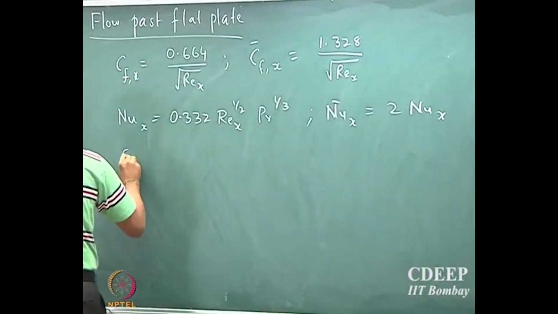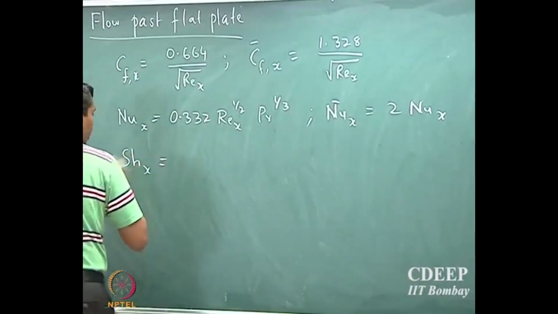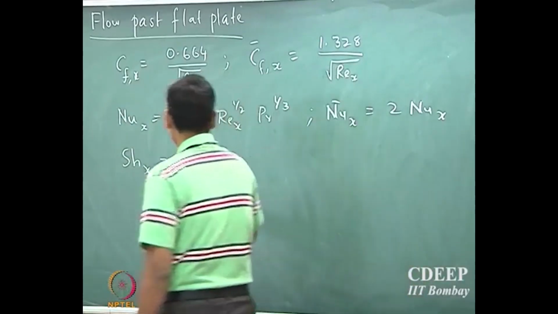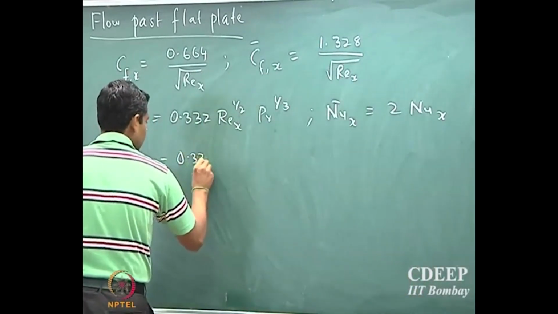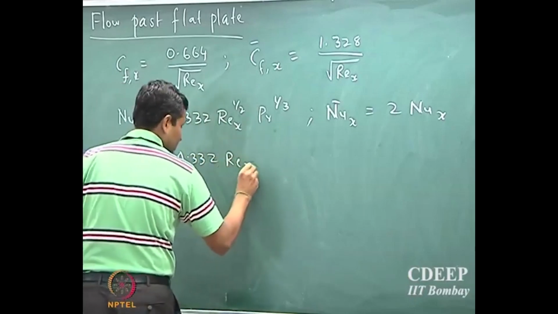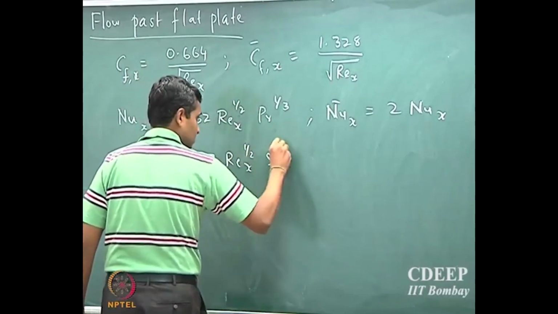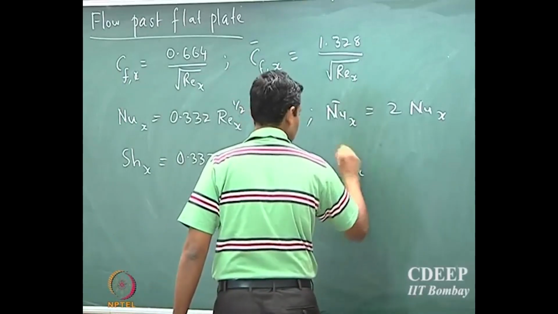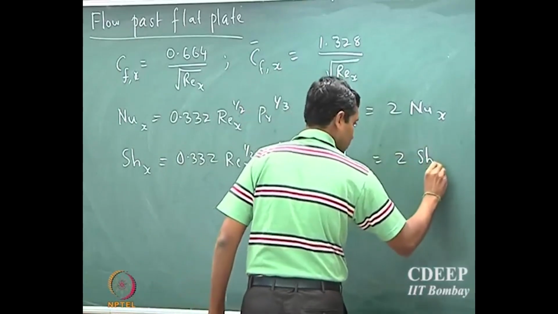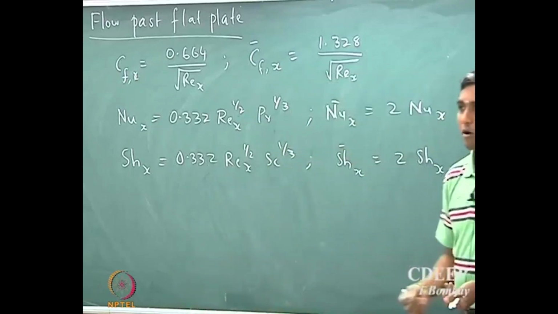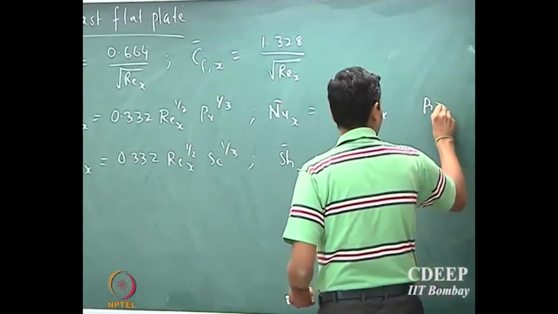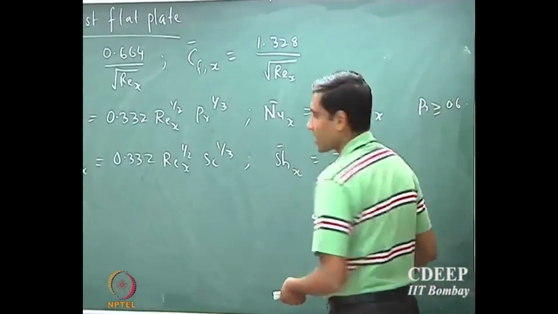And similarly we could write for the mass transport problem simply by using the boundary layer analogies. Okay. So we said that this is valid only when Prandtl number is greater than 0.6.